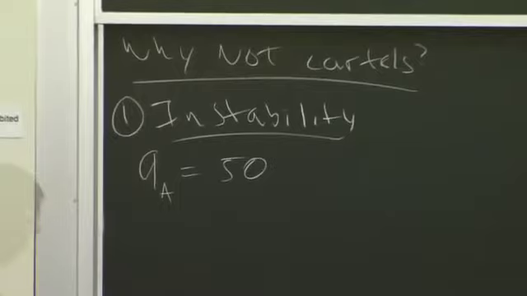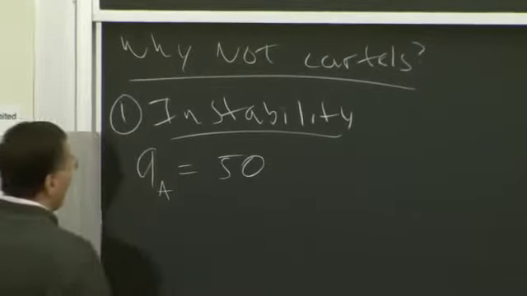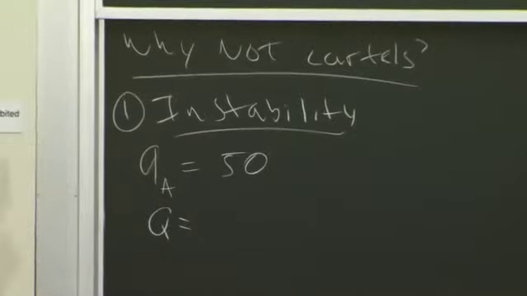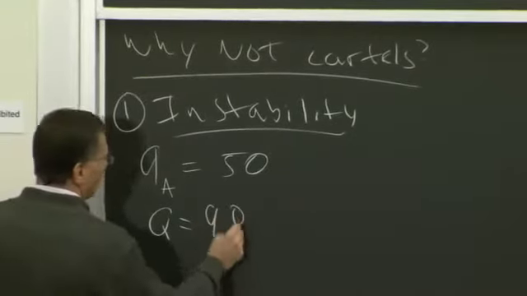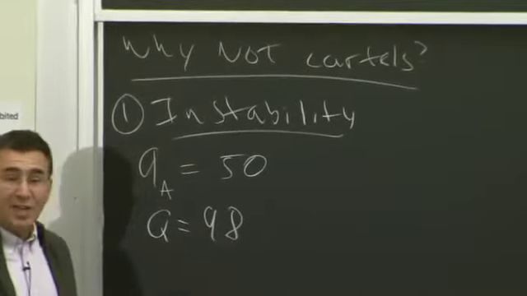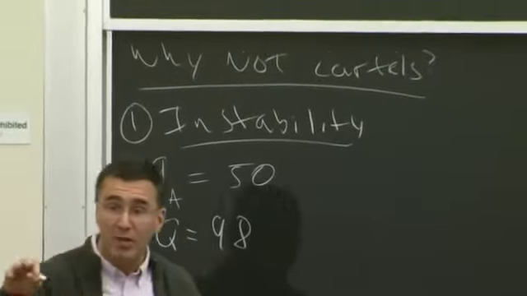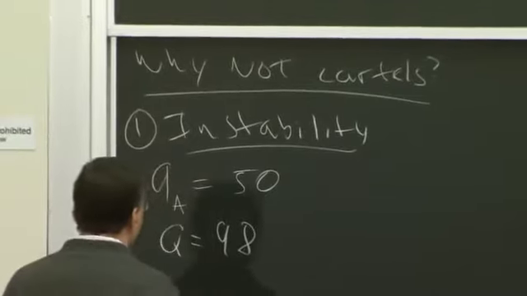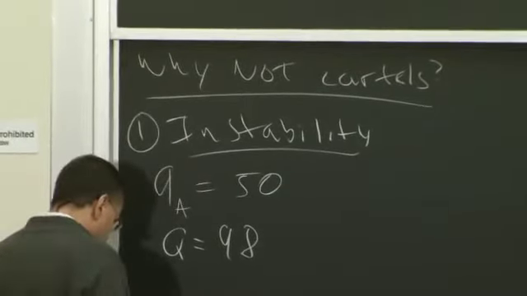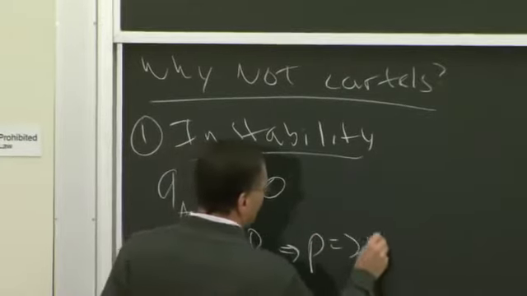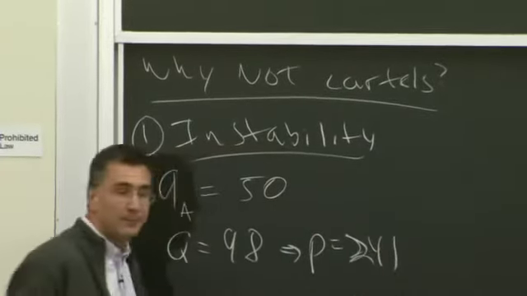Well, if they do that, the total quantity in the market, instead of being 96, rises to 98. And that means the price has got to fall. This is not a price discriminating monopolist, this is a one-price monopolist. So if they want to sell 98 flights, the price is going to fall to 241 from the current level of 243.